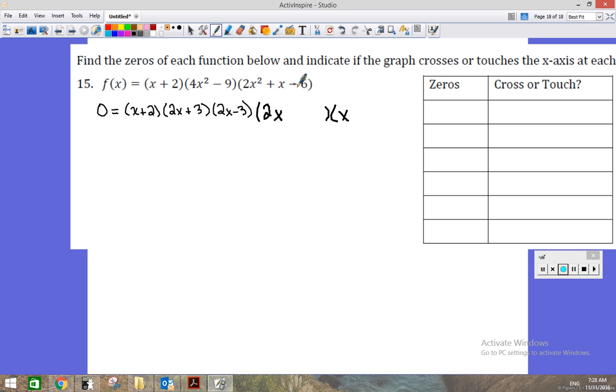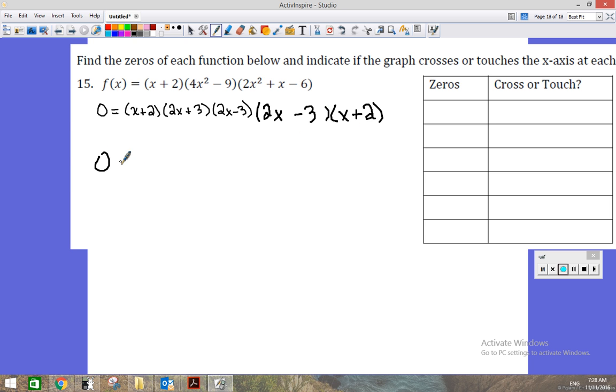See, with the -6, we know that we're going to have positive and negative, and with the 6, it's either going to be 1 times 6 or 2 times 3. So let's try the 2 and the 3. 2x times 2 is 4x, and 4x minus 3x is 1x. So there, we found it.